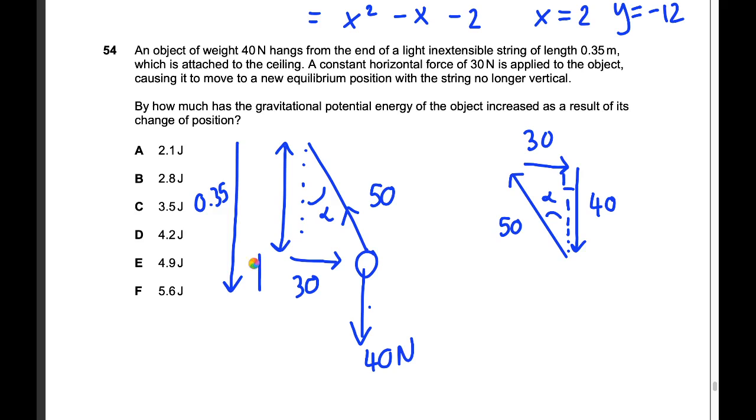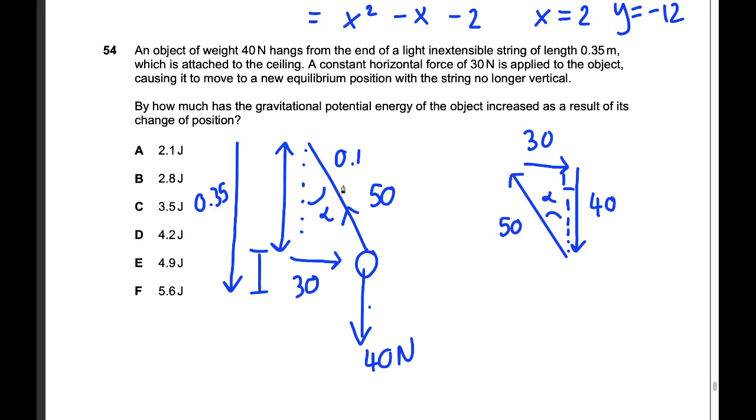So we want to work out this change in height so that we can then use weight times change in height is equal to change in gravitational potential energy. If you look at this triangle with the alpha in it, I'm going to be using cos alpha. The length of the string is 0.35, so the hypotenuse is 0.35.